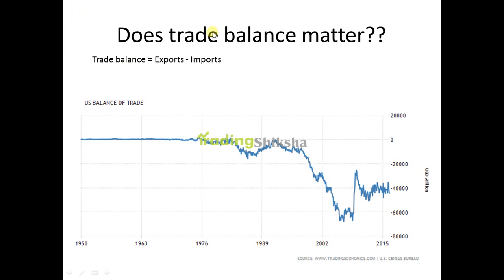So if it were the case that any currency would be devalued if their trade balance were negative, then the US dollar should have depreciated, but that is not the case, and the US dollar has actually appreciated. So this argument that if you somehow manage the trade balance, you will be able to appreciate your local currency is also not true.